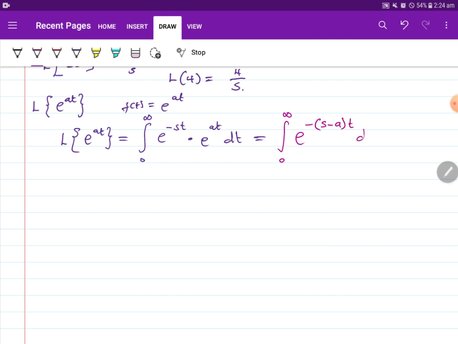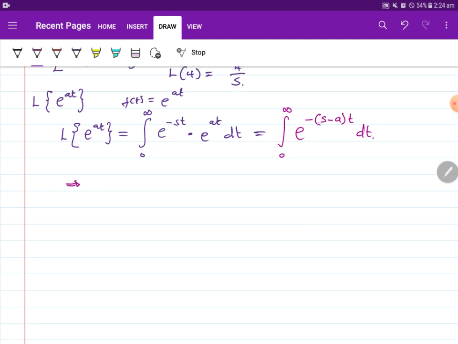Now I want to integrate this with respect to t. To integrate the exponential function, you first differentiate everything in the exponent with respect to t, which gives minus into s minus a. Take the inverse of it, that's 1 over minus into s minus a. Then write back what you integrated: exponential minus s minus a t, the shortcut from calculus 100 level.